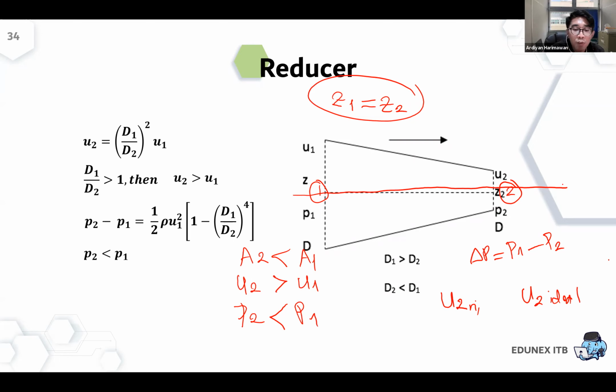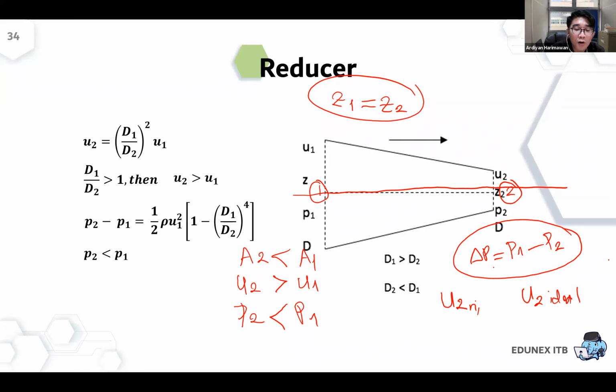So it's only between the kinetic, the velocity, and the pressure. At point 2, you have higher velocity compared to point 1, we compare outlet to inlet. It means the kinetic energy is increased, so you will have decrease in pressure. The change of pressure between inlet and outlet you express as delta P.